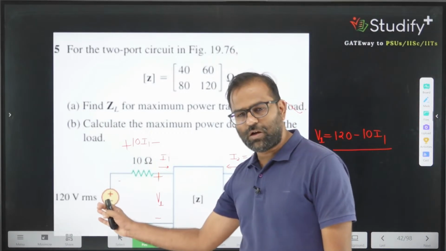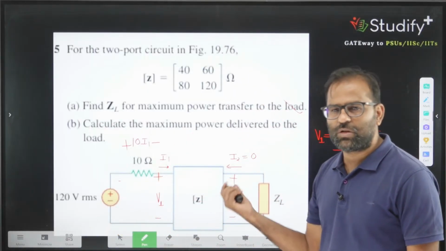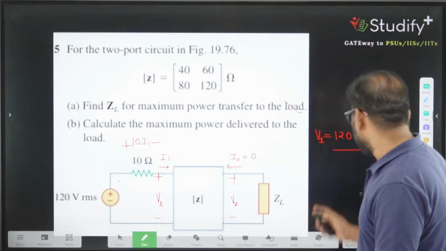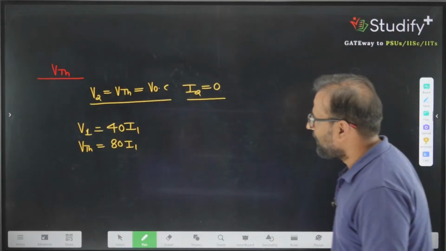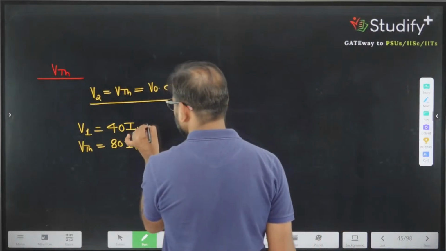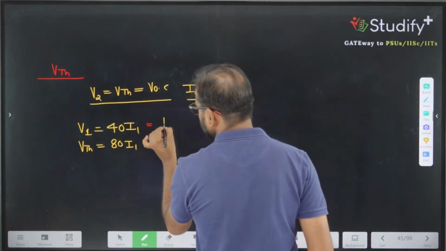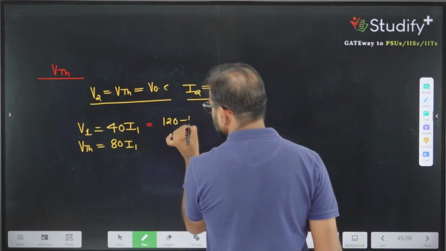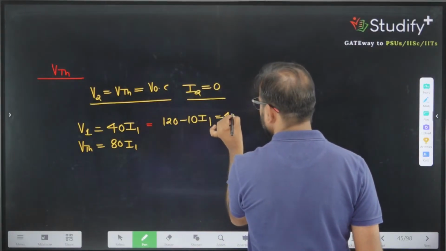If the source is RMS, whatever voltage you get across the circuit is RMS, and whatever current you get is RMS. So this is 120 minus 10 I1. So can I write V1 equal to 120 minus 10 I1 equal to 40 I1.